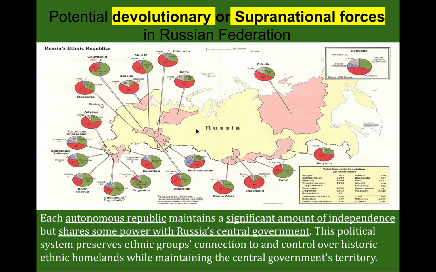These are regions where we see economic disparity and economic viability that promotes a separation from other regions of Russia. And again, these can be devolutionary forces when you have a disparity in economic growth and economic viability. It could lead to devolution, the breakdown of states into smaller states.